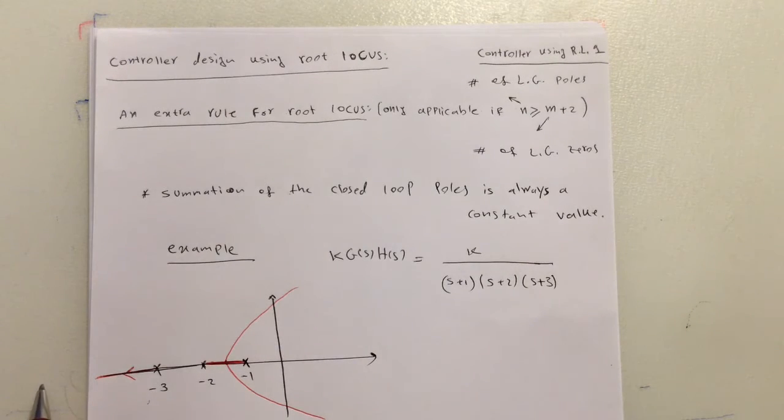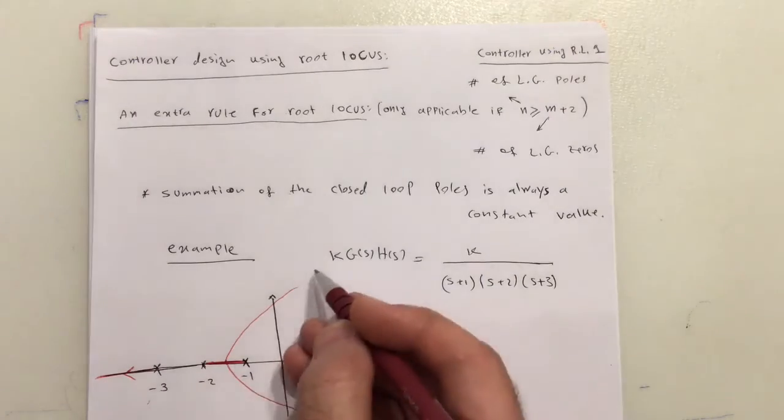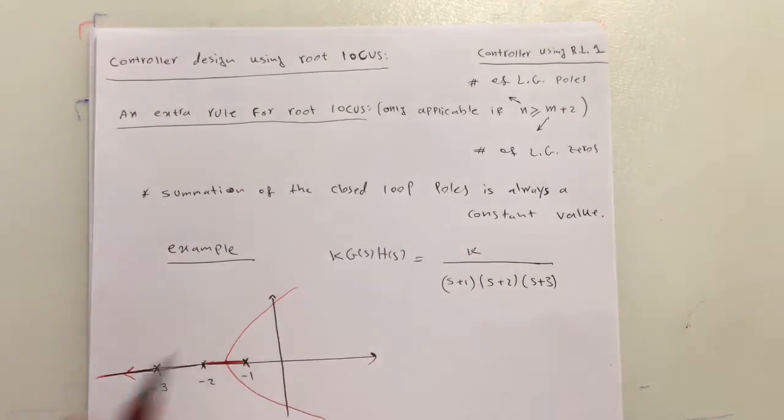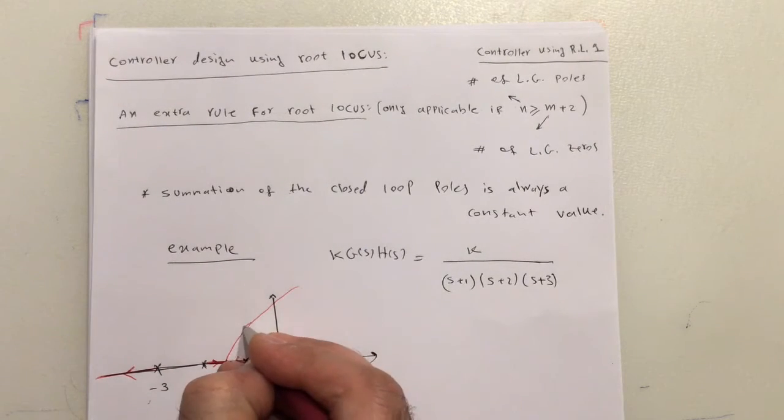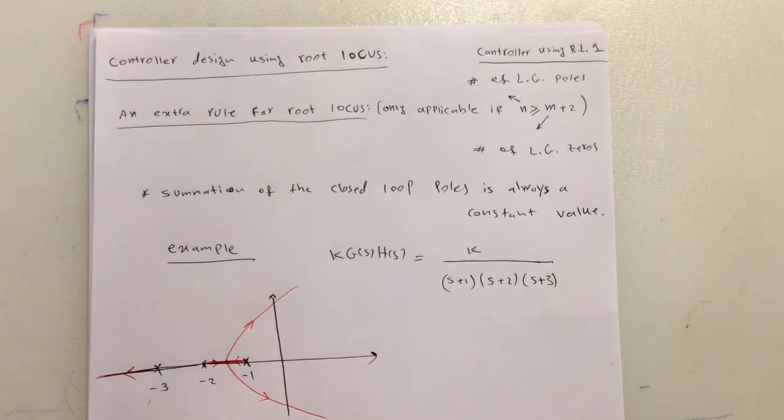The third one is also 180, but these two will converge to those asymptotes. I don't draw that. You don't need that. The focus here is on something else. Okay, that's the root locus.